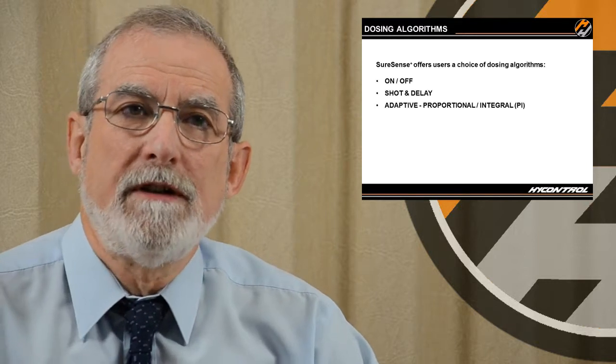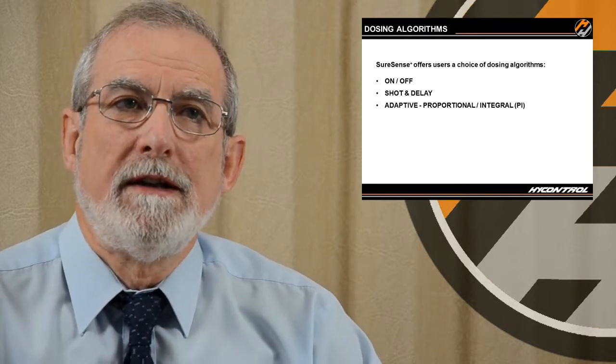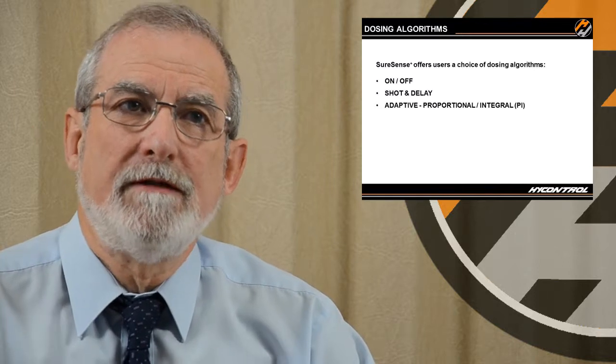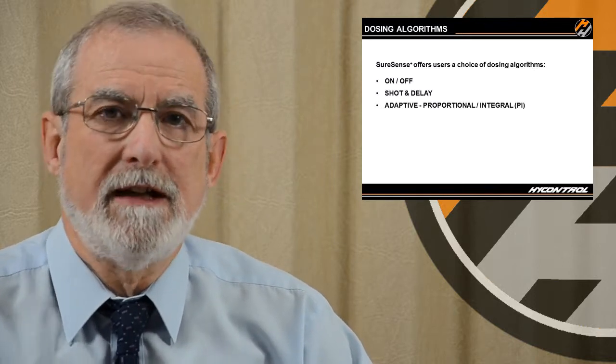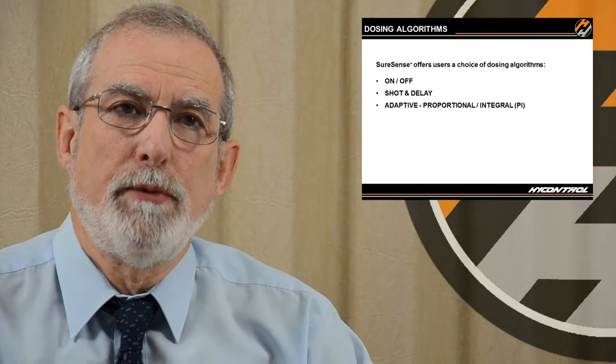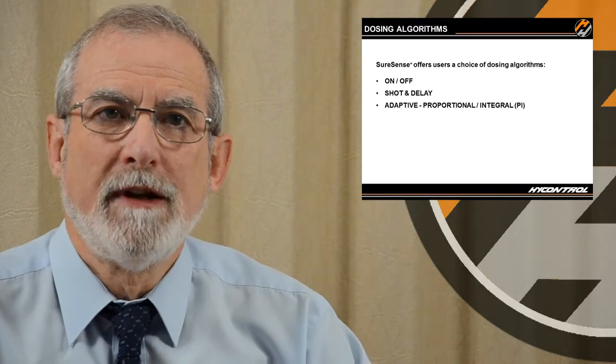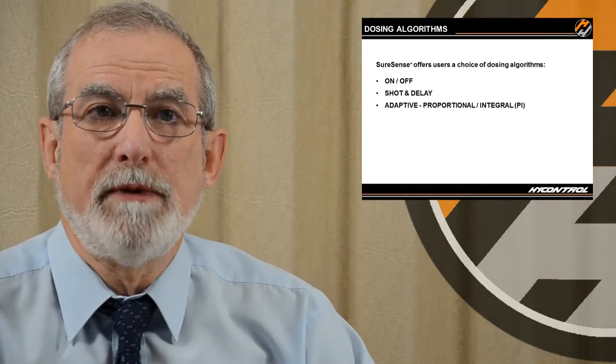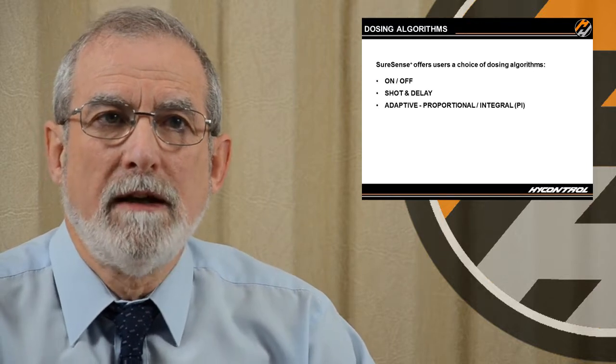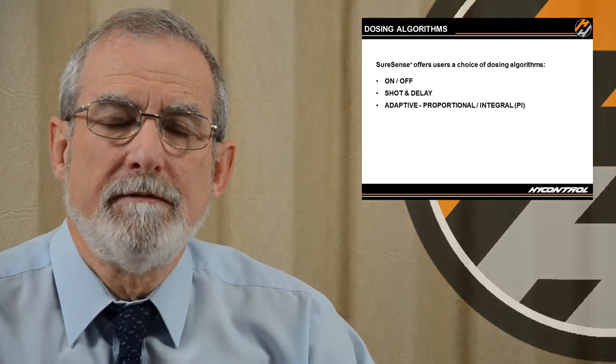So if we have a foam building up and it's coming above 50%, 55%, 60%, the error is increasing, the proportional term starts the pump running, the integral term will start to ramp up as well and run the pump even faster.